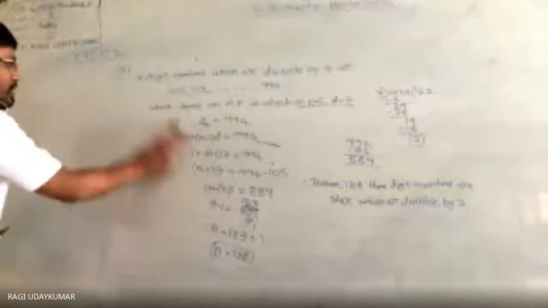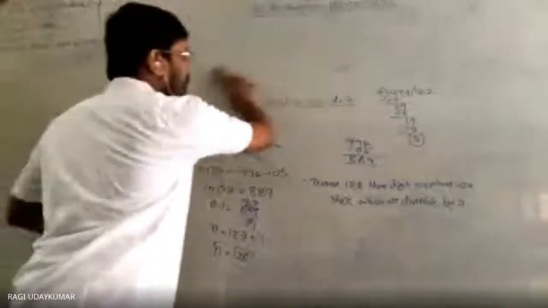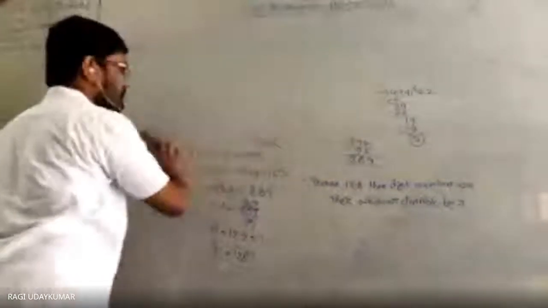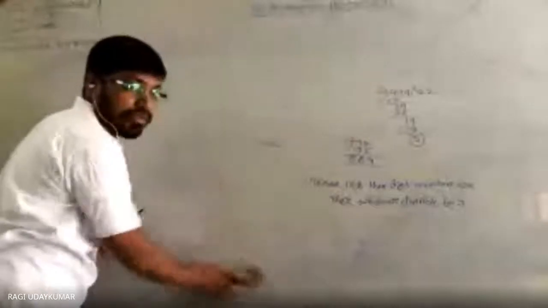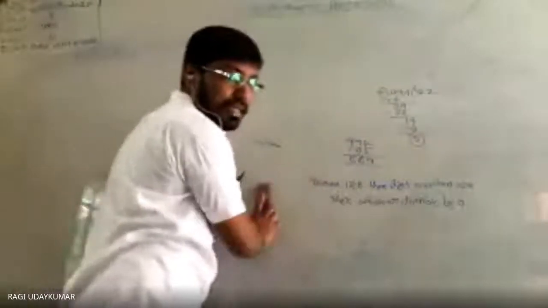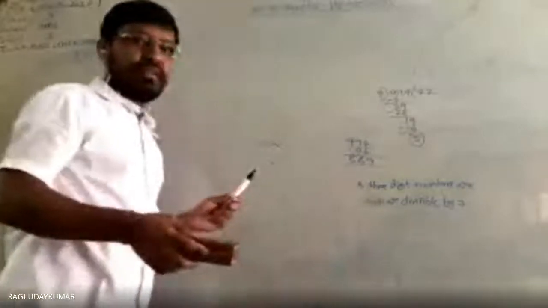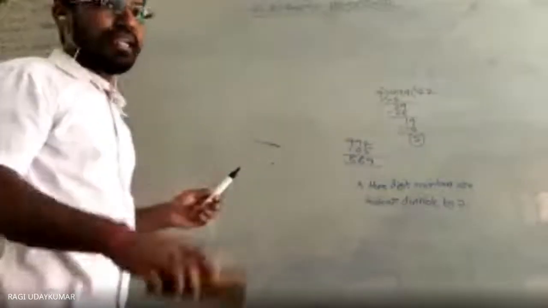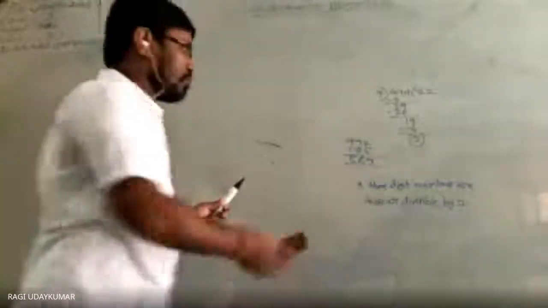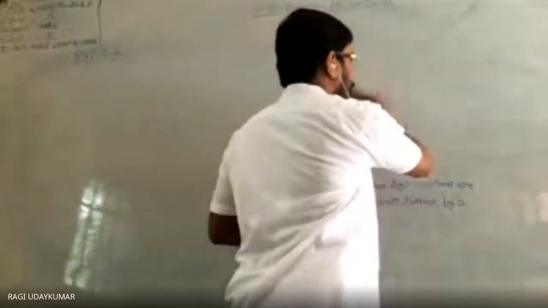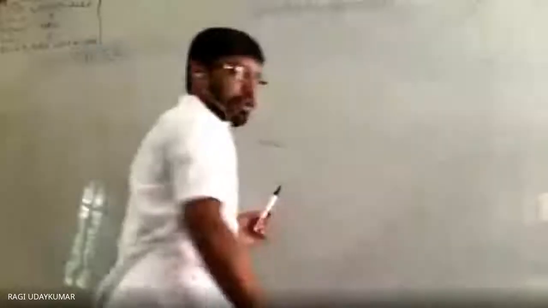Next, the 14th you can do yourself, same model. I am going for the 15th problem. For what value of n are the nth terms of one arithmetic progression and another arithmetic progression equal? Two arithmetic progressions are given, and we have to find the nth term of each.